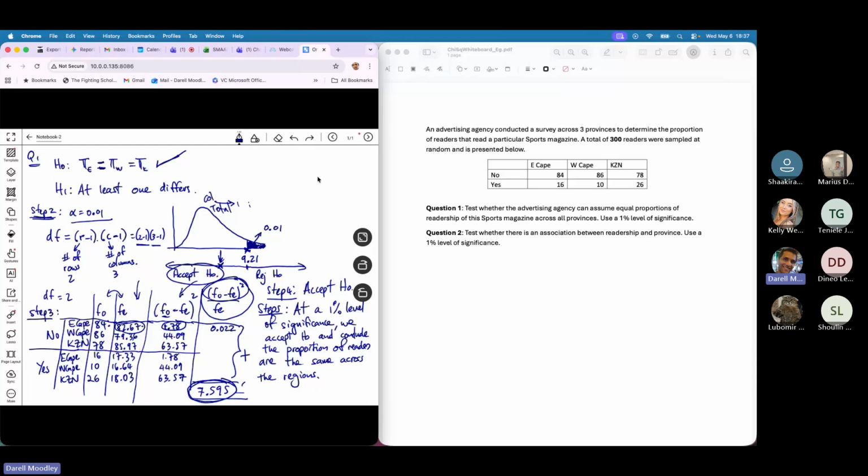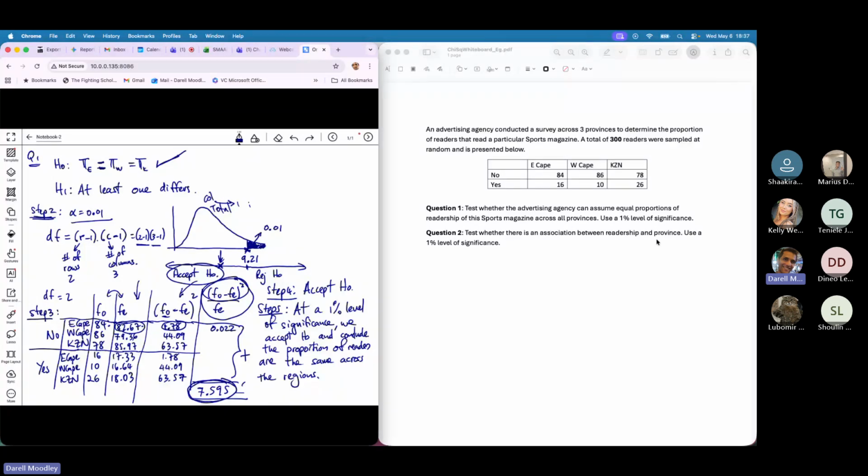So in this example, for this exact same problem, we can get question 2, which is on the right. It's the same data, but instead we're being asked to test whether there is an association between readership and province. In other words, they're asking us to test whether the variable represented by the rows is associated with the variable represented by the columns.